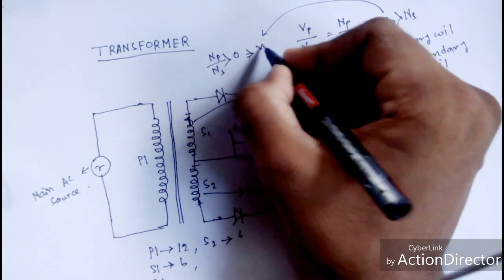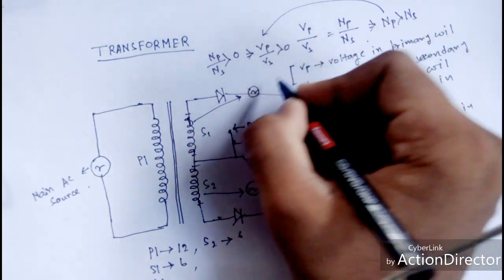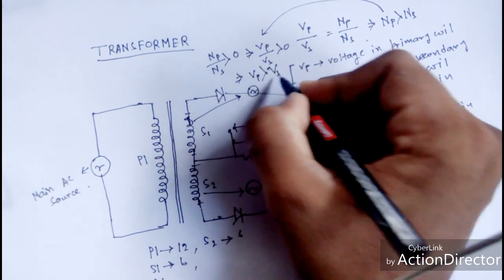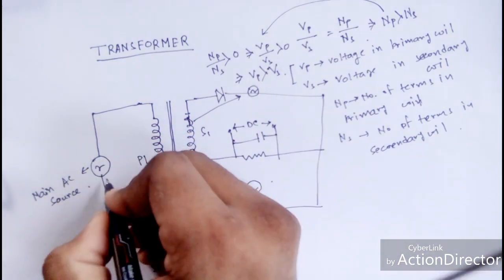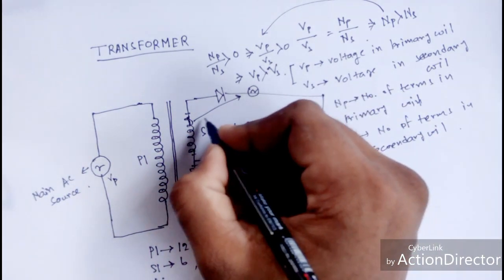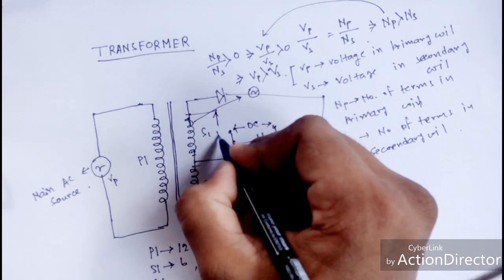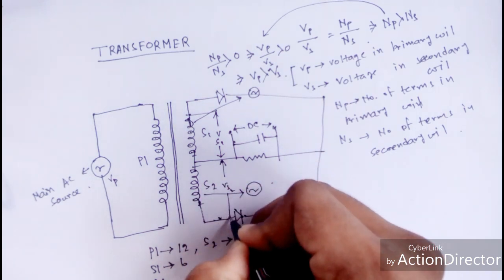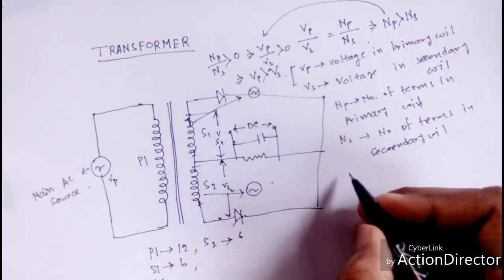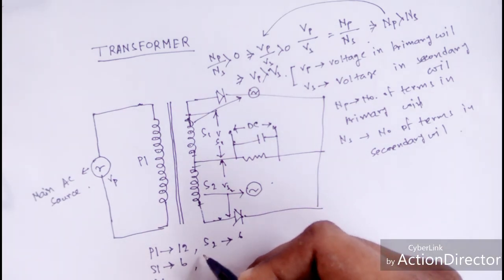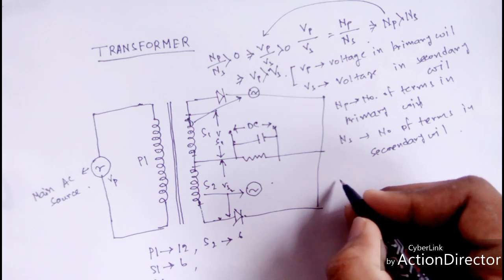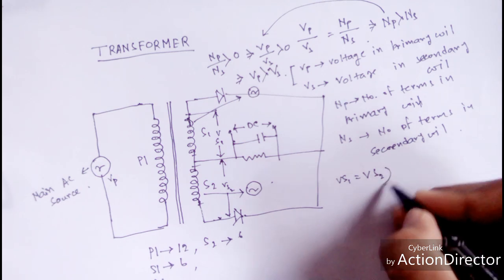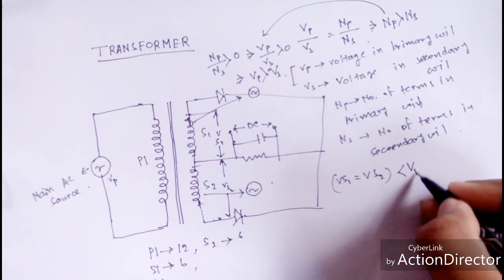As usual, Vp by Vs greater than 1, and from here we can write Vp greater than Vs. So here's the voltage VS1 and VS2. So you can say that as S2 and S1 are both 6, VS1 equals VS2, and of course these two are less than Vp.